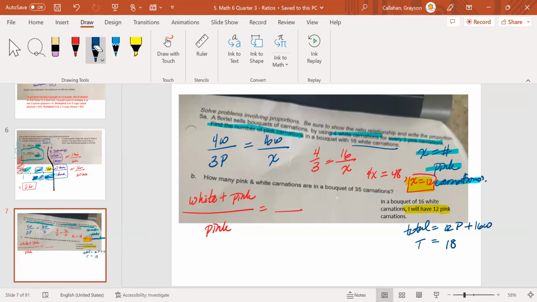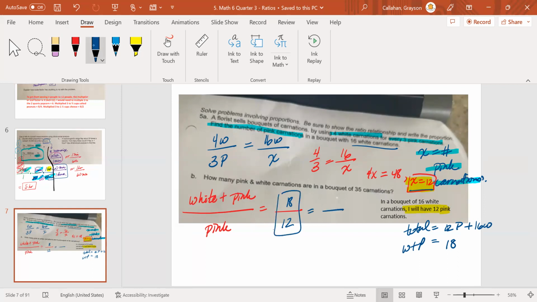Your total is going to be white plus pink, right? White plus pink is 28. This is from the last question. How many were pink? 12 was pink, correct? You got to use this ratio. Remember there was a question that we did? I don't remember how far it was, but there was a question where you had to add both of them together. Equals, now you go to the question.